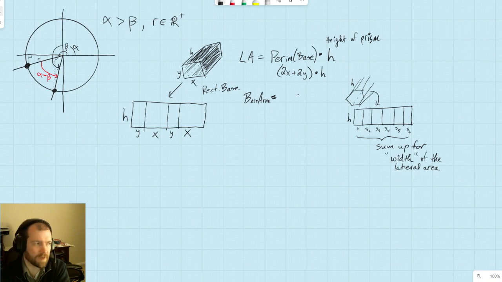So find the area of your bases, and there's two of them. All right, and then to get the total surface area, you're going to add these two things up.